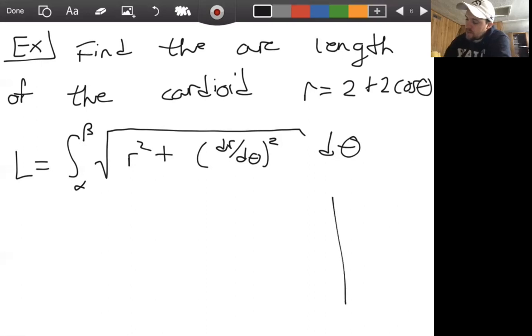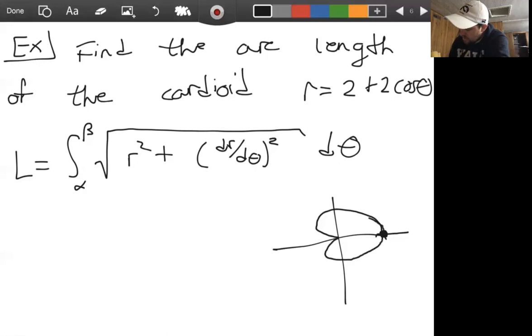When we start tracing out a cardioid, we start at theta equals 0. When theta equals 0, r is 2. So we have something like this, and you can trace it out, and it's going to look something like this.